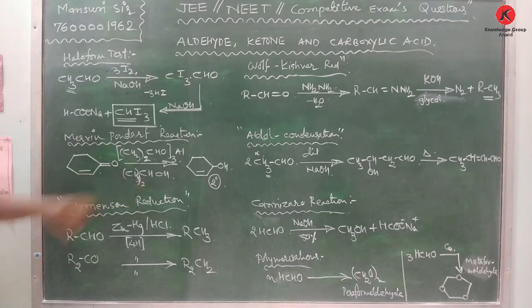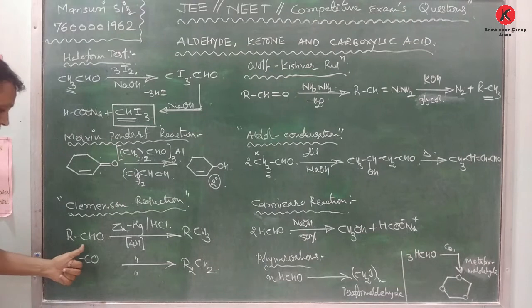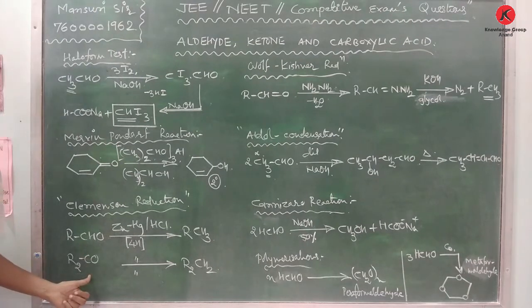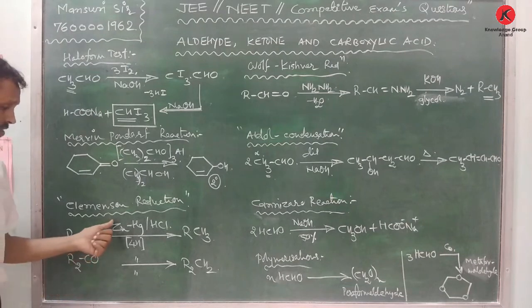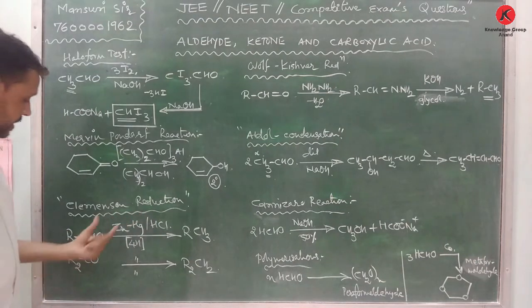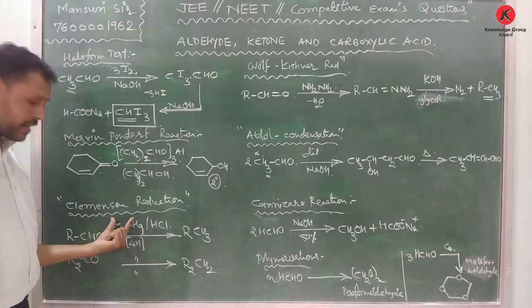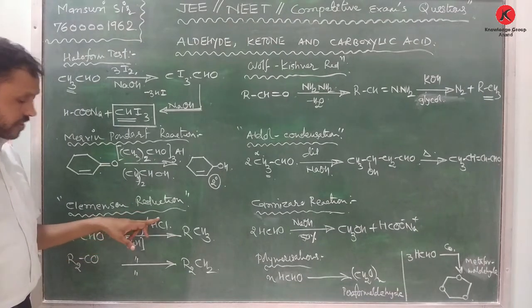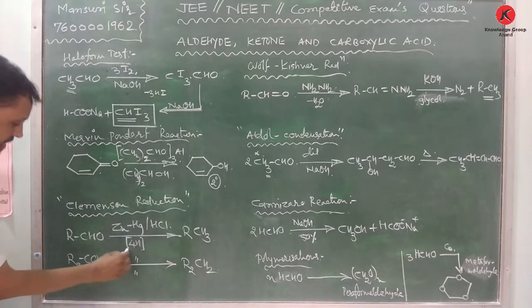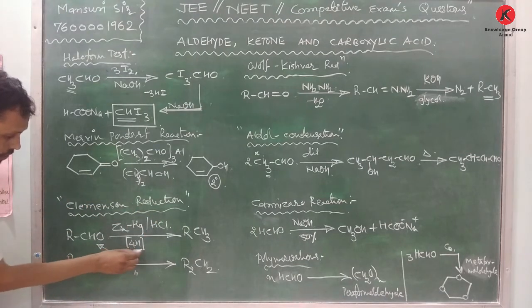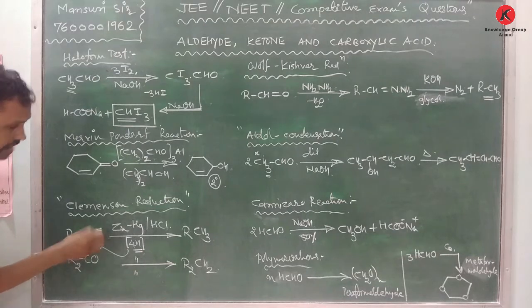Thereafter, Clemmensen reduction. You know very well that when aldehyde or ketone reacts with Zn-Hg/HCl, this is zinc amalgam, with mercury in presence of HCl, that means reduction is taking place. So 2 hydrogens will remove the oxygen and form water.